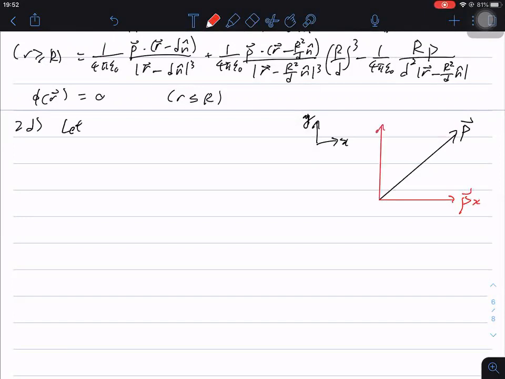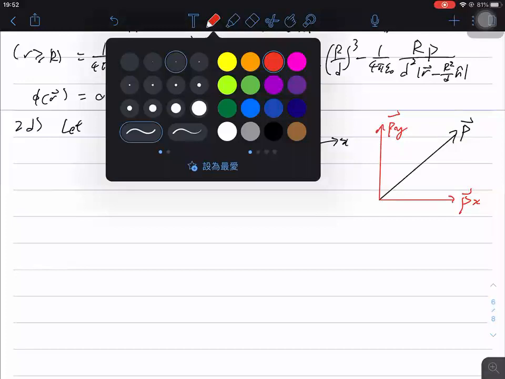The first one, Py, is perpendicular to the direction of the distance from the dipole moment to the center of the sphere, and Px is the component of the dipole moment parallel to it.